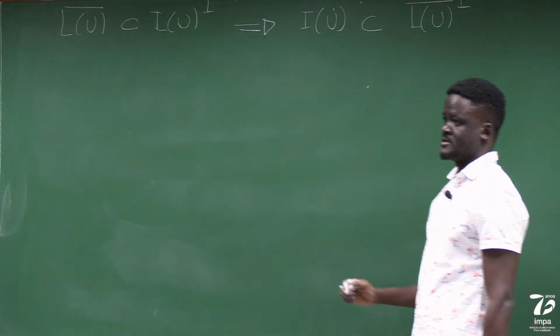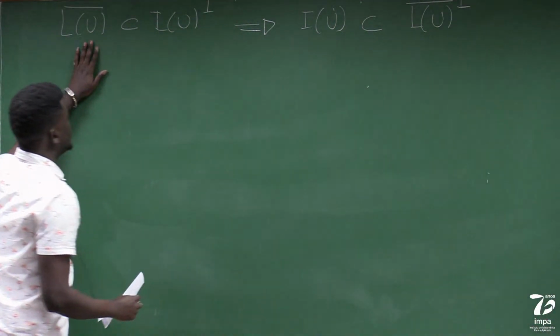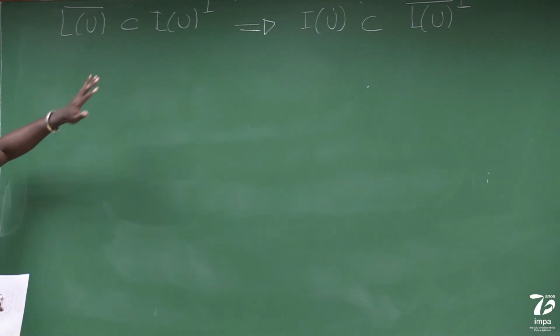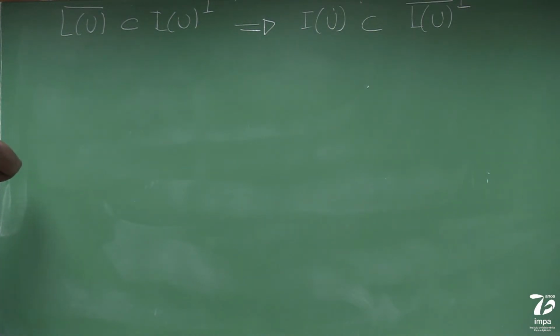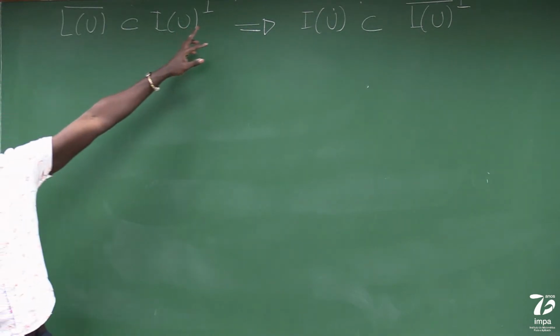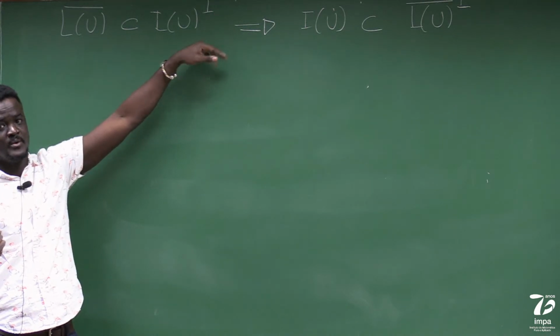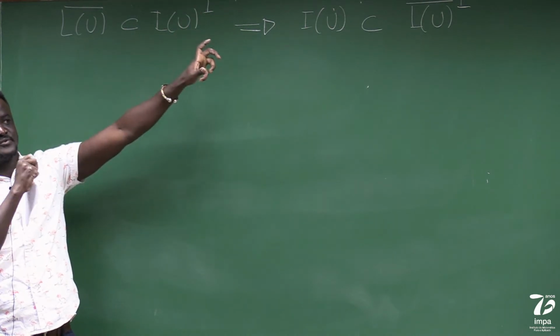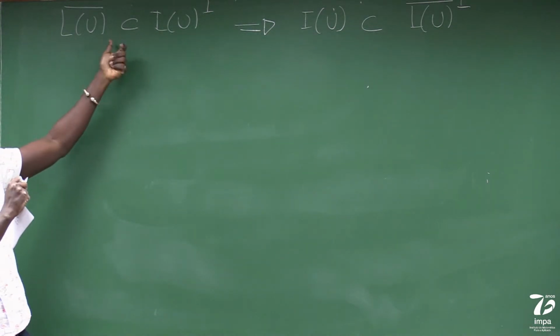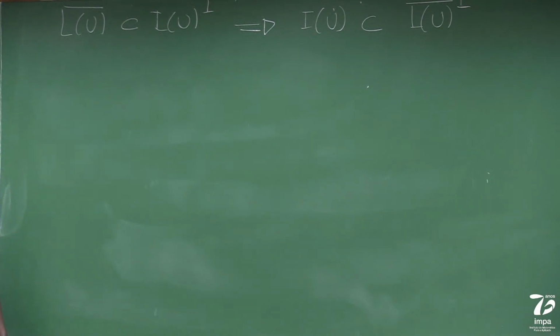This is just using the basic properties of the orthogonal, because the way to think about this is as the complement of a set. When you take the complement, you have to invert the inclusion sign.